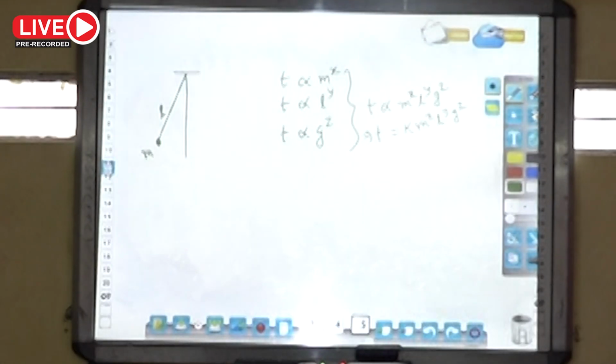Okay, and that we can find out by using dimensional analysis. Only the value of that constant k cannot be determined by dimensional analysis. So this is the limitation of dimensional analysis, that it cannot predict the value of any constant.